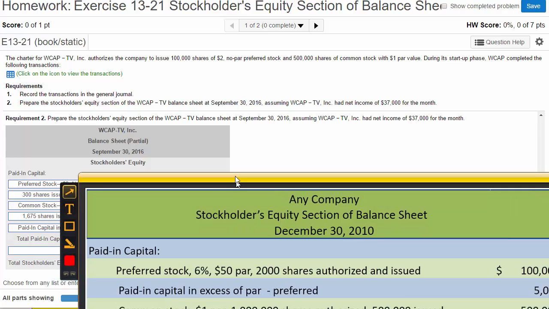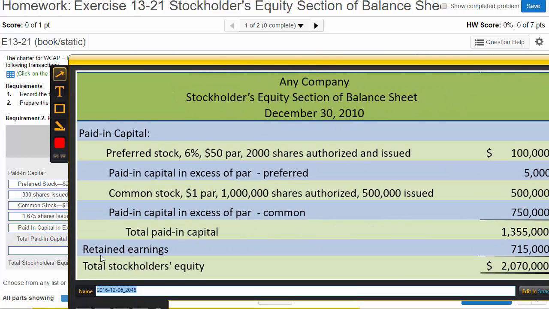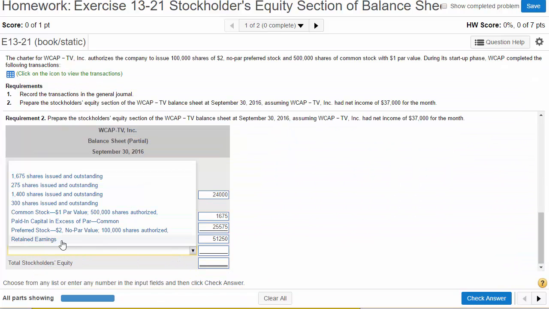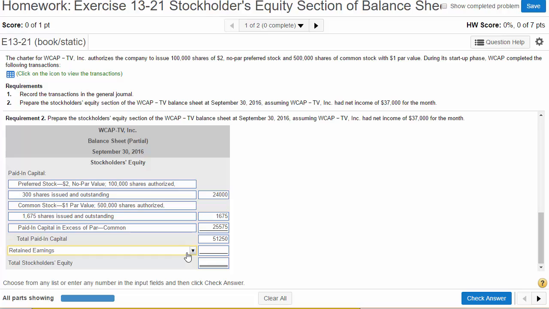And then going back to our slide, after total paid-in capital, we have retained earnings. Retained earnings would be the company's history of their net income that they've not yet paid out in the form of dividends in the history of the company. Up here, we notice it says this is the charter for the company, and it also says this is a company's startup phase.